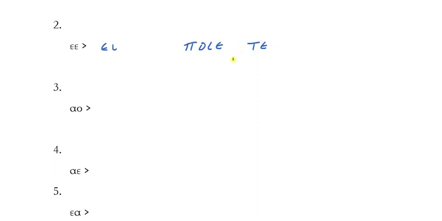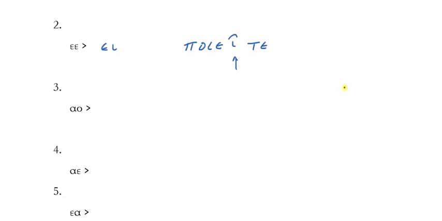What's going to be my connecting vowel right here? It's going to be an epsilon, right? And now the epsilon is going to contract and produce what? Yeah, epsilon iota diphthong. And guess what? My circumflex is going to go over that iota. Poieite. Y'all are doing. Y'all are making. All right? Make sense? Okay. Very good.